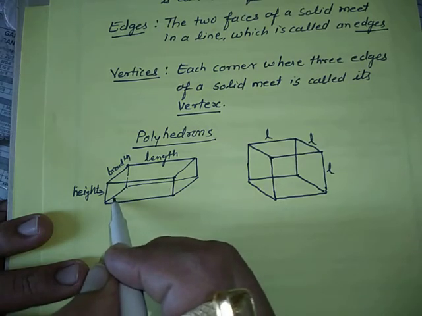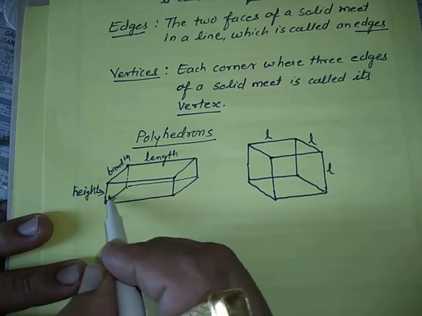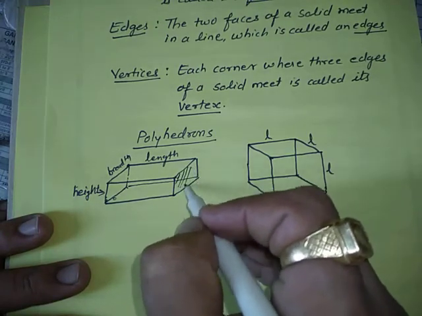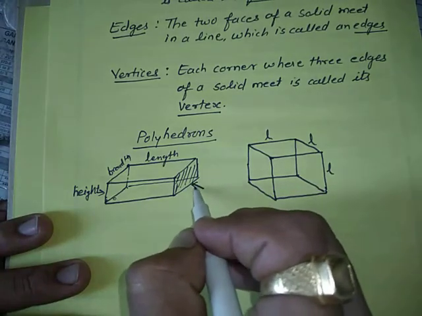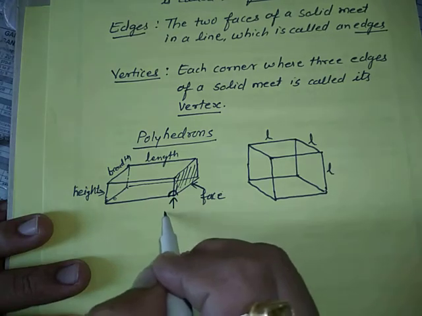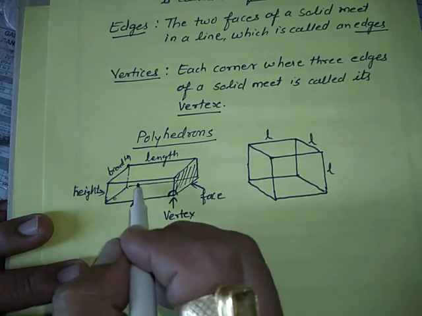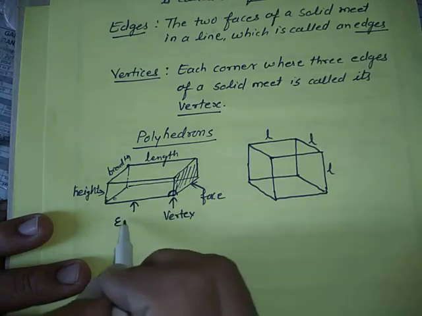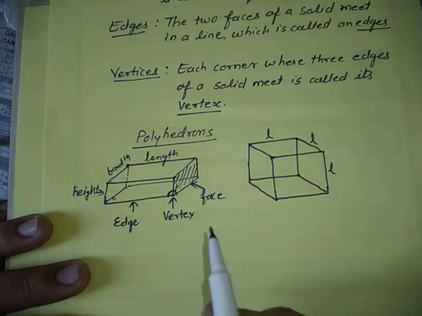Where the three edges meet, length, breadth and height, that corner means vertices. This full flat surface is known as a face. This corner combination is known as a vertex, and the combination of two surfaces is known as an edge. Okay, hope it is clear to you all.